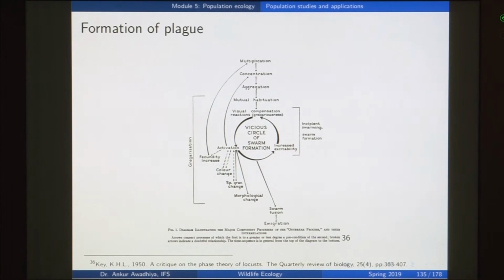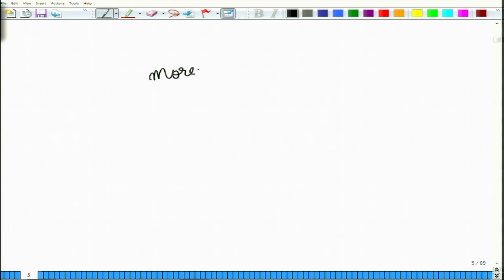So, if you have more locusts, more locusts will lead to turning to gregarious phase.